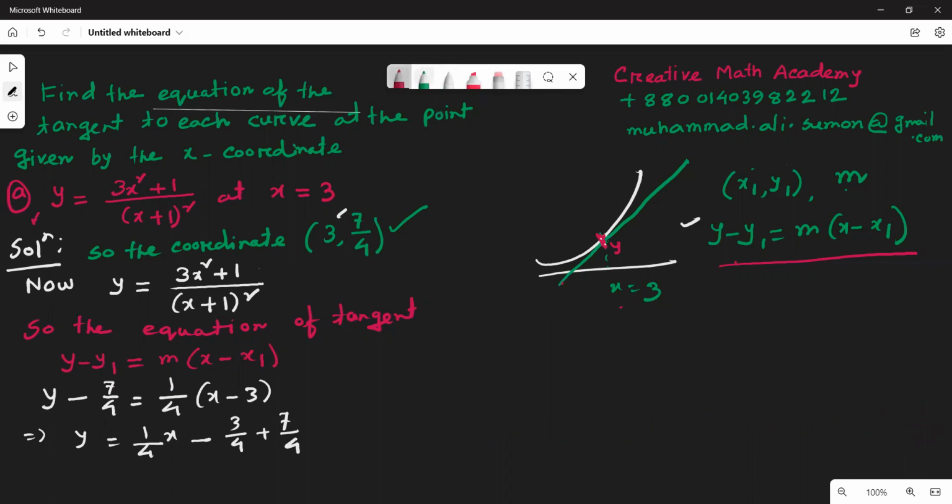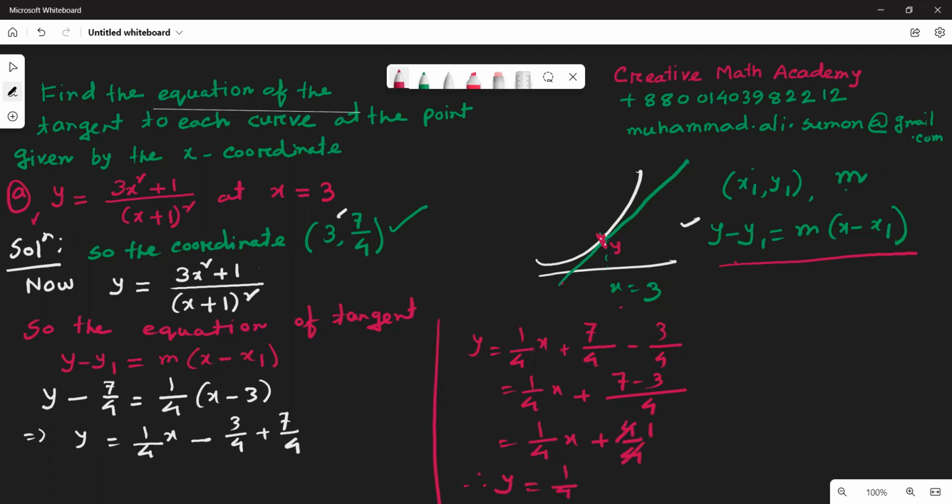Now here, y equals 1/4 x, and if we rearrange this, 7/4 minus 3/4. So 1/4 x plus, 7 minus 3 is 4, so 4/4. If we cancel, 1 comes. Therefore, finally we get y equals 1/4 x plus 1. This is the equation of the tangent.